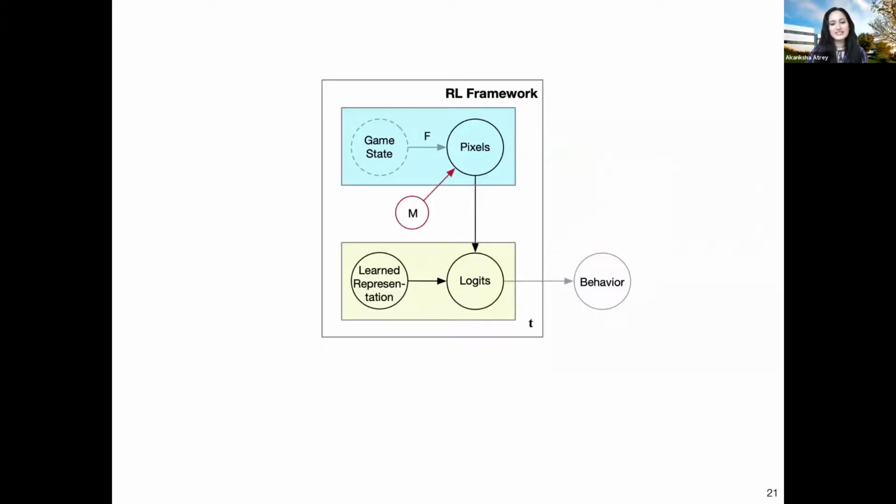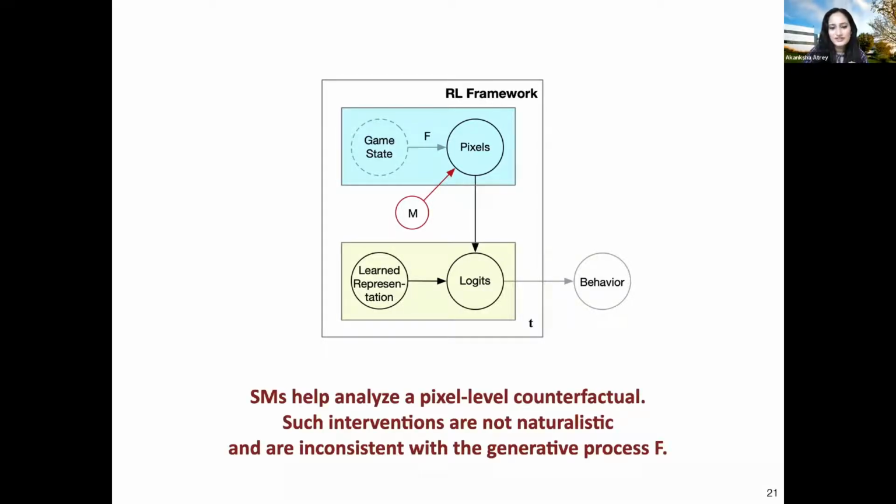So now let's look at this. What saliency maps are actually doing, and this is true of all of them, is intervening on pixel state. M here represents an intervention made by saliency maps. And the idea here is that these interventions are not naturalistic and they're inconsistent with the generative process f. I'll give you an example.